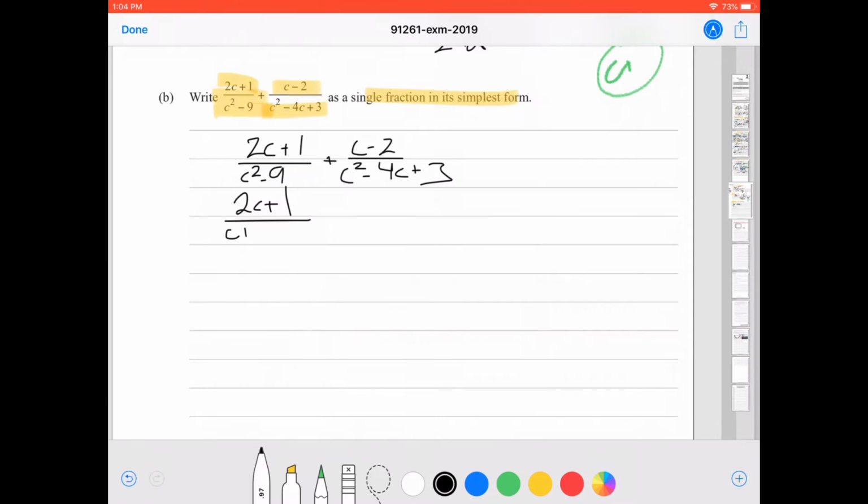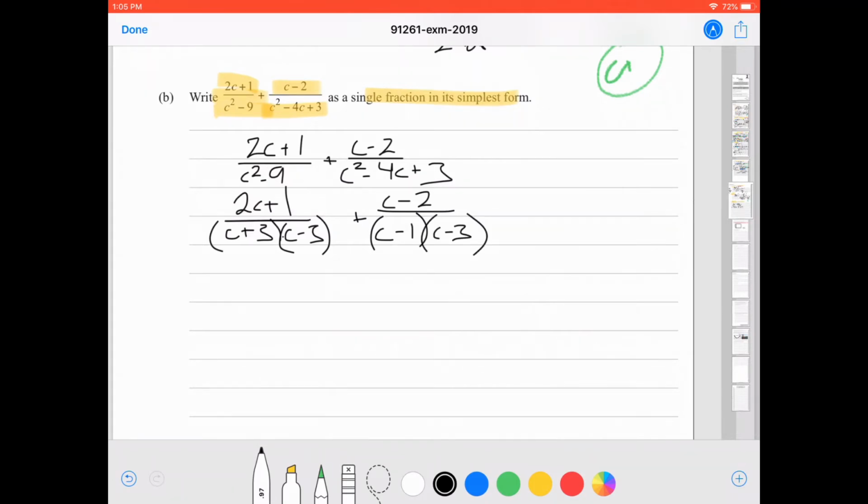So it becomes c plus 3 times c minus 3. And our second fraction, it's going to be c minus 2, and factorising this quadratic on the bottom, it's going to be c minus 1 and c minus 3.